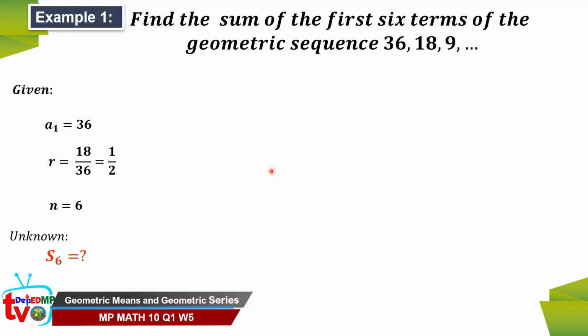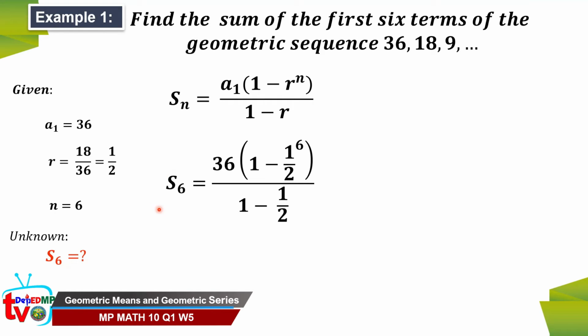Let us now substitute the given values in the formula. S sub n equals a sub 1 times the quantity of 1 minus r raised to n divided by 1 minus r. We have here the sum of the first 6 terms is equal to 36 times the quantity of 1 minus 1/2 raised to 6 divided by 1 minus 1/2.